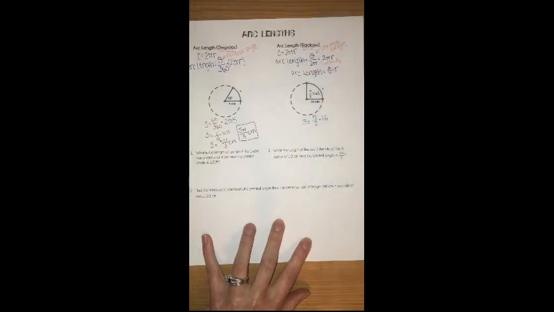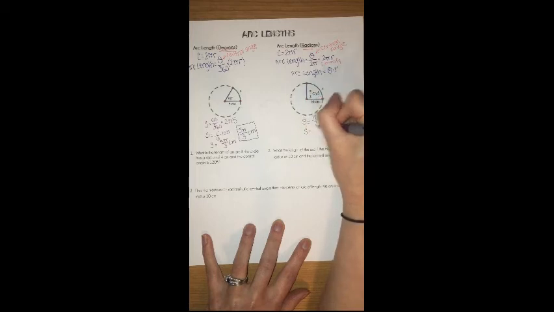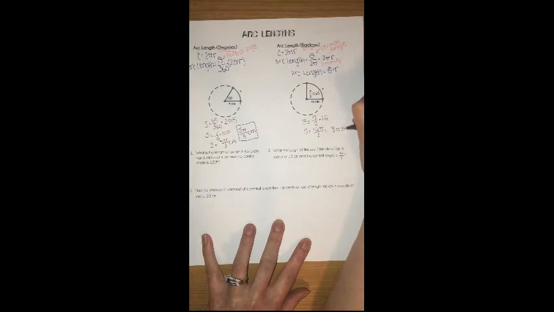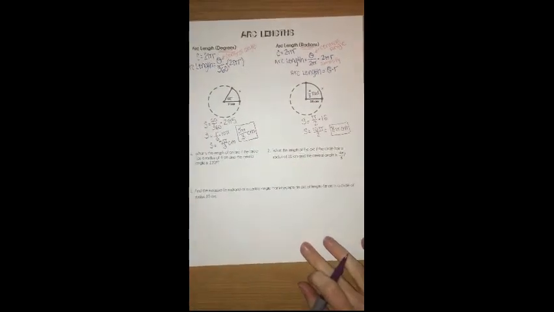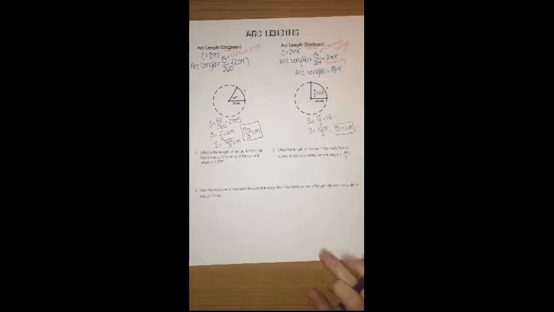Right. So if we were to solve this, 16 times pi over 2 is just 8 pi centimeters. So you're going to have to remember your rules for multiplying and simplifying fractions, because you are going to be doing that a lot with this topic.